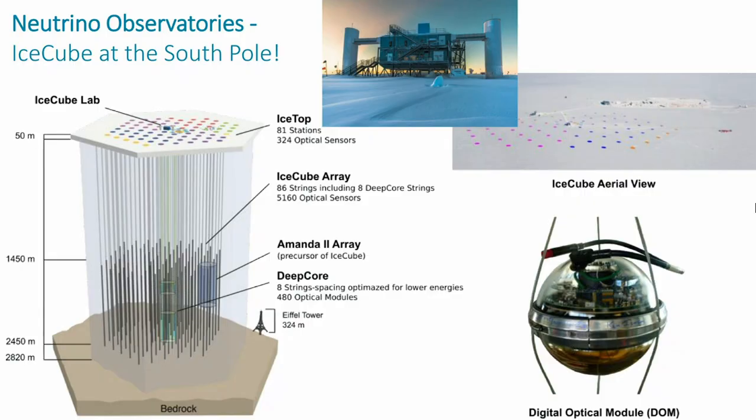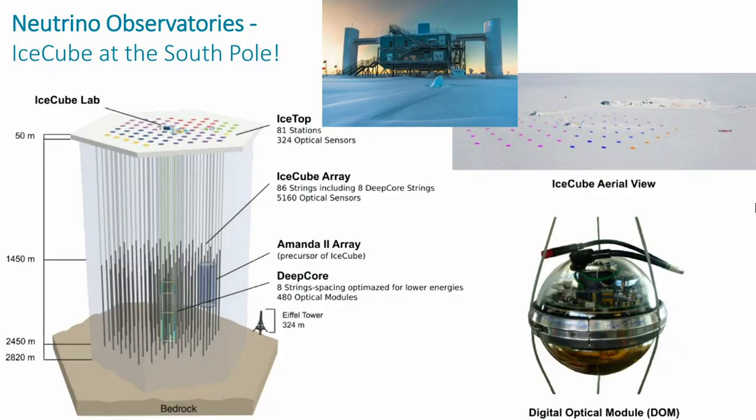We just put an optical detector, so that's what this spherical thing is in the bottom right, inside of some medium and wait for a neutrino to accidentally bump into one of the atoms or electrons in the material. So in the case of IceCube, the material chosen is the Antarctic ice.